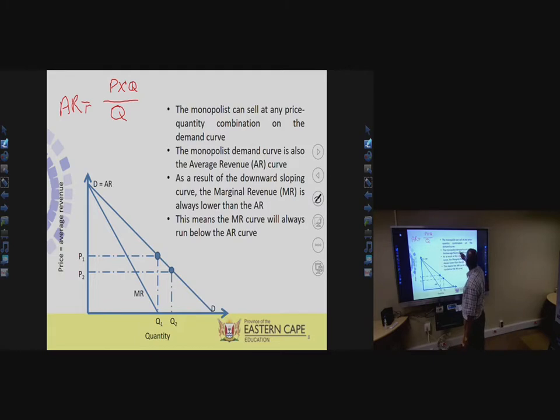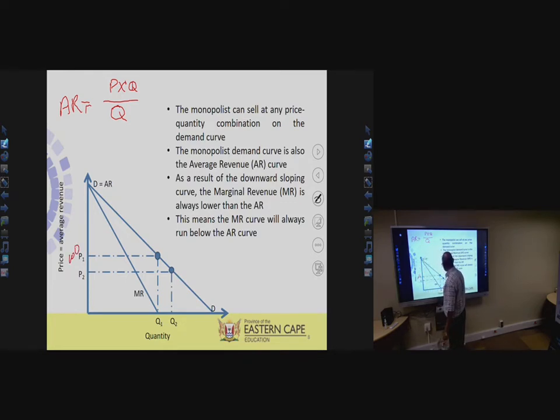To get your average revenue, you know that your AR is equal to your price times quantity, then divided by the quantity.